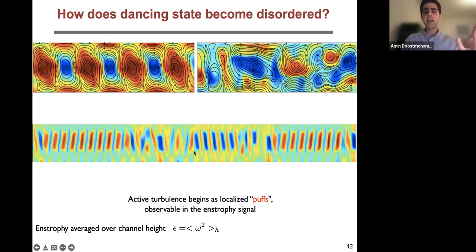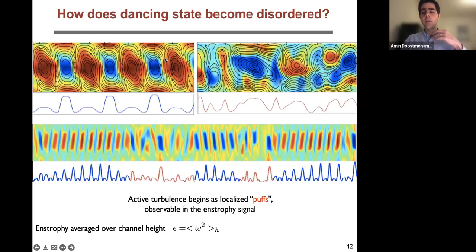I can quantify this by defining entropy. It's just a fancy name for the magnitude of the vorticity. I average it over the height, and now I have a one-dimensional signal, which is ordered for the vortex lattice, and disordered for the chaotic flow.